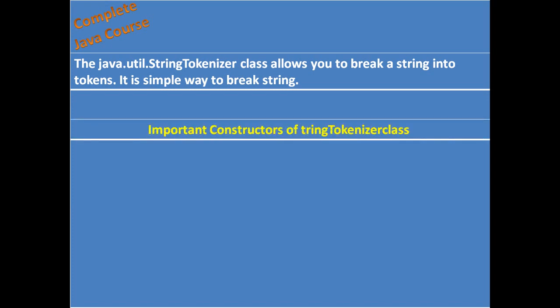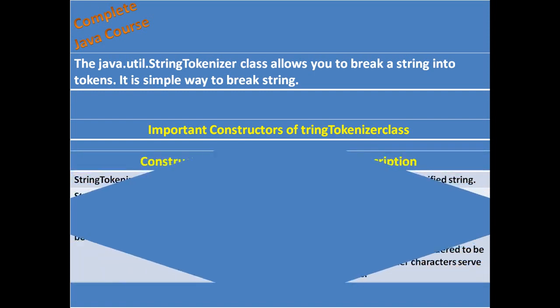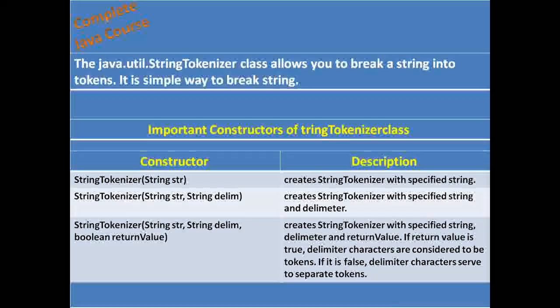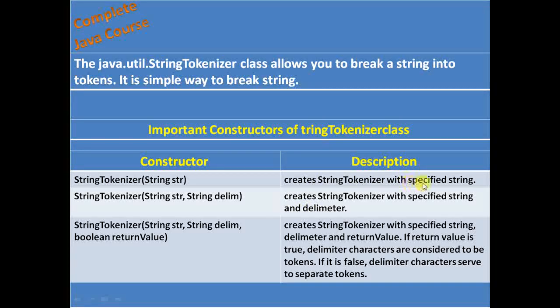Important constructors of the StringTokenizer class are: StringTokenizer with a String parameter, which creates a StringTokenizer with the specified string; StringTokenizer with a String and a String delimiter, which creates a StringTokenizer with the specified string and delimiter; and StringTokenizer with a String, a String delimiter and a boolean return value, which creates a StringTokenizer with the specified string, delimiter and return value.